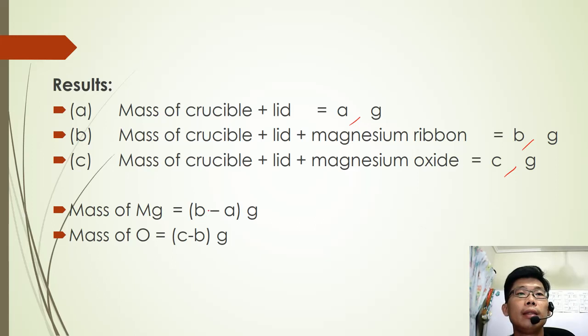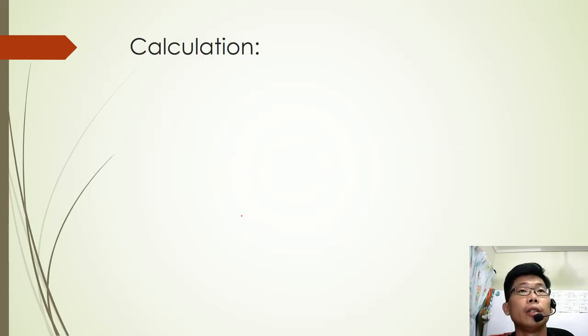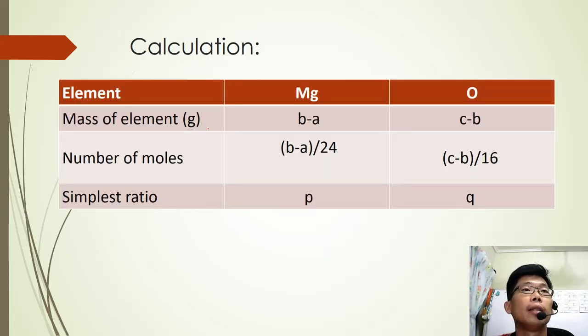So we need these two mass of magnesium and the oxygen to calculate the empirical formula for the magnesium oxide. So in the calculation, we can calculate the mass of the elements for the magnesium and the oxygen as shown just now, B minus A and C minus B for the oxygen.